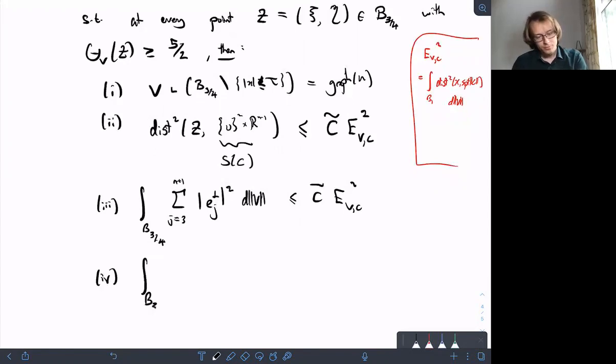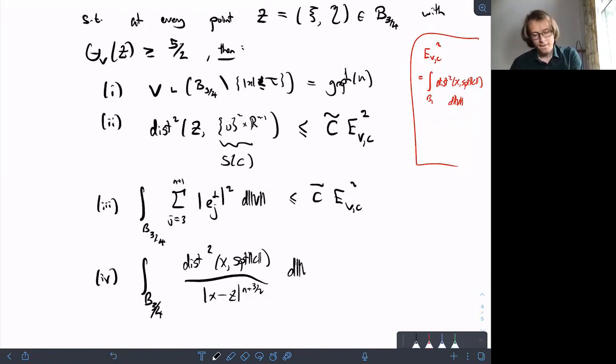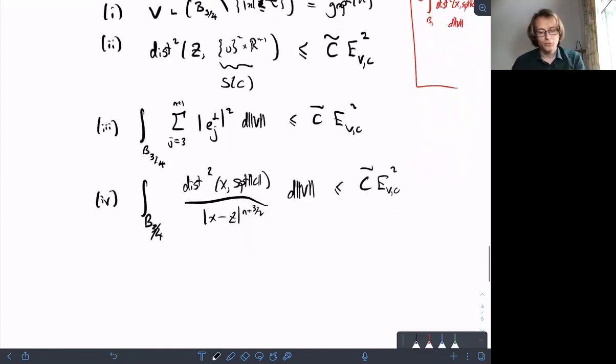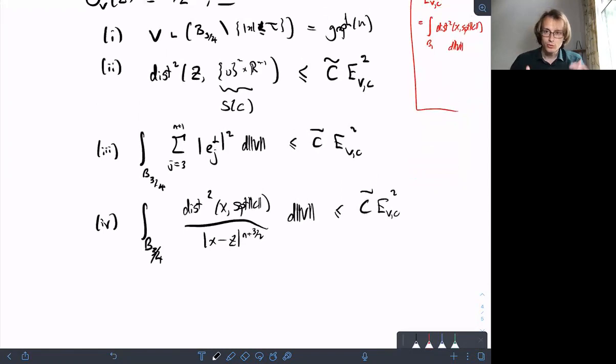Then we have another integral expression, which is the distance squared from X to the support of C, X minus Z. Again, the same bound. Ultimately it corresponds to a non-concentration result of the excess, that the excess does not concentrate on the spine, provided there are suitably many density Q points, because this only holds at density Q points.